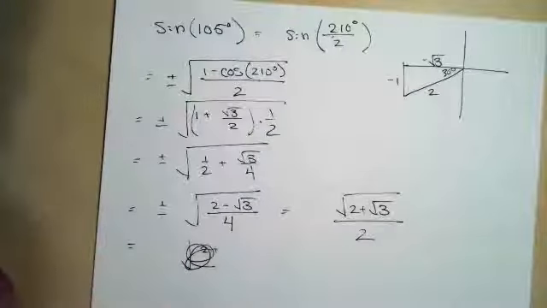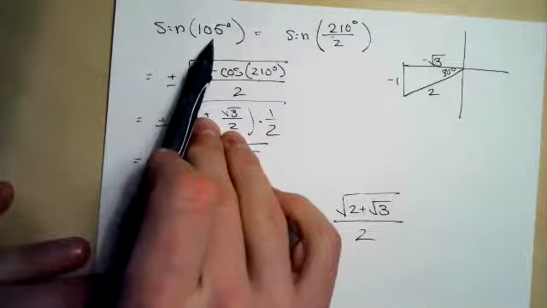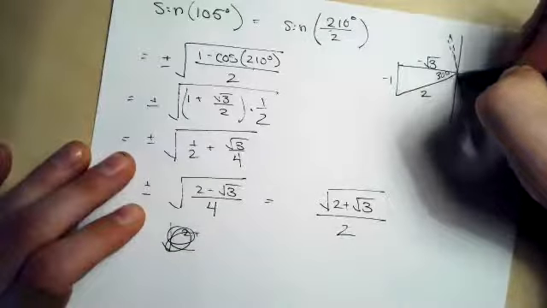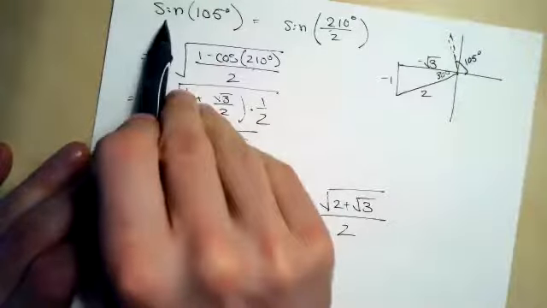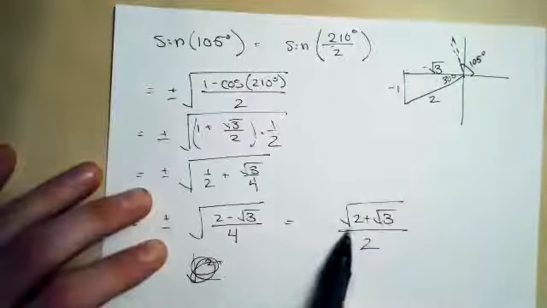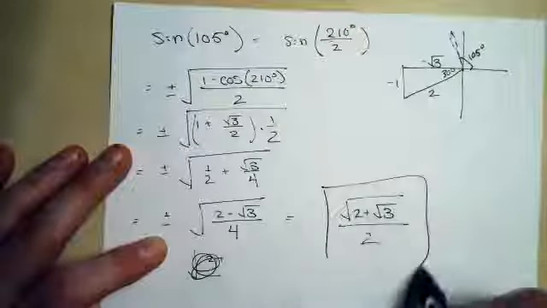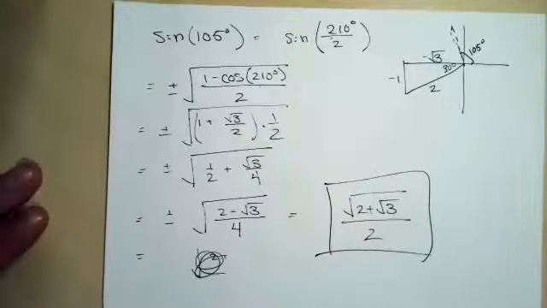Now, plus or minus, do we need it? Which one do we want? Where was the original angle? 105, which is somewhere here, and we want sine of 105, and sine should be positive in the second quadrant. So that's our answer. That might be a different question, like compute sine of 105.